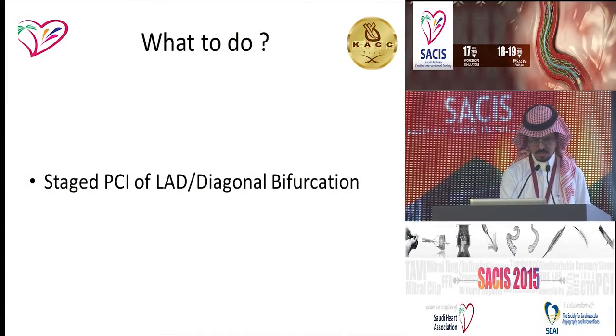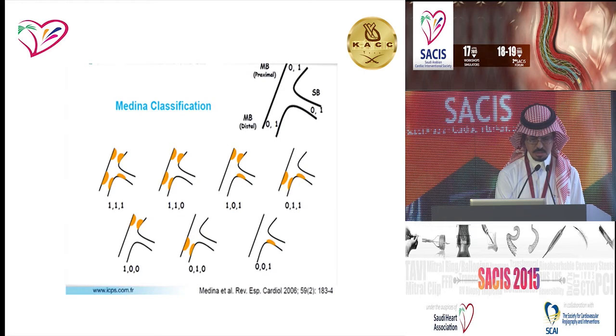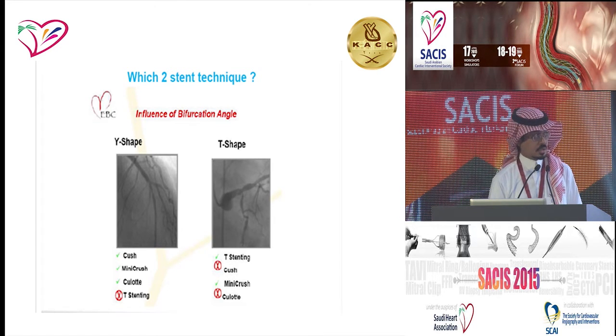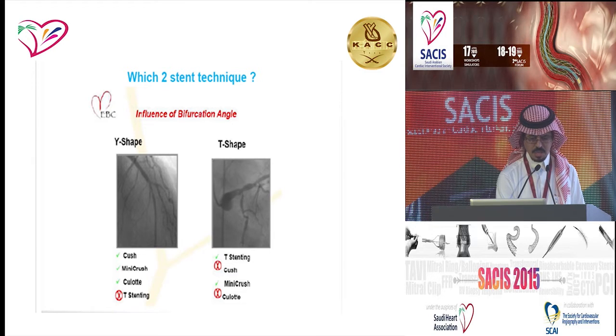The plan was for staging of his LAD diagonal bifurcation, and he fits in the category of Medina classification 1,1,1. If you think about it, it's typically Y-shaped, and for the way of treating the bifurcation in this patient, he can fit either a crush, mini crush, or culotte, and that was in 2002.